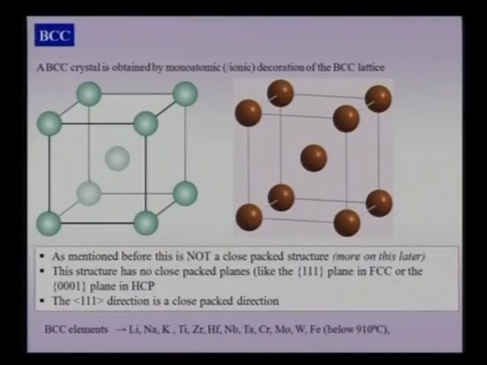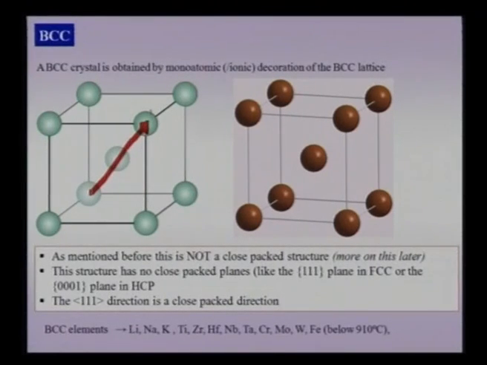However, the 1-1-1 direction is a close packed direction. That means the atoms touch along the 1-1-1 direction. This is my origin, for instance, and this is the other vertex. So my 1-1-1 direction will be the direction connecting these, and the atoms touch along it, and therefore that is a close packed direction in the BCC crystal.